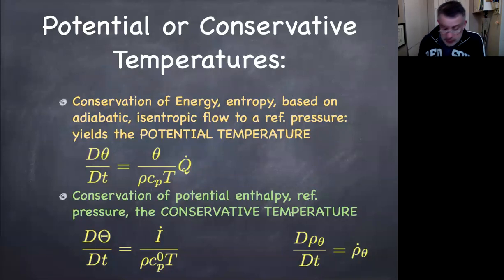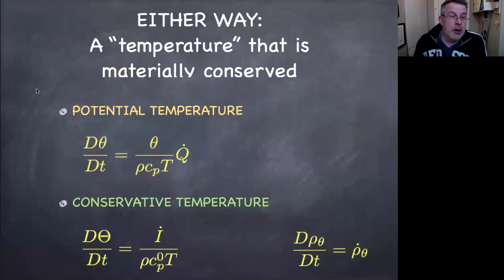Okay. Either way, whether you're going with the conservative temperature or the potential temperature or the potential density, you've got a thing that's materially conserved following the motion of the fluid in the absence of external forcing. And so you can use it to follow the fluid flow and think about things as they go.